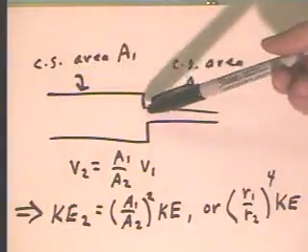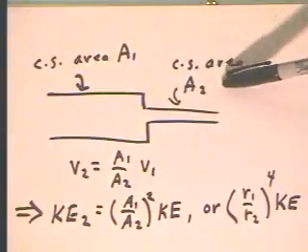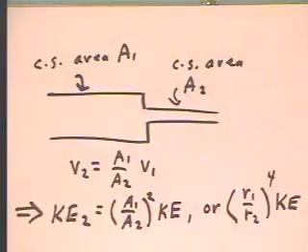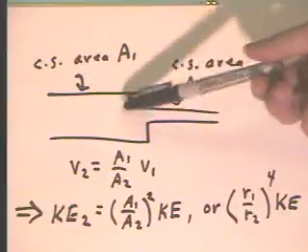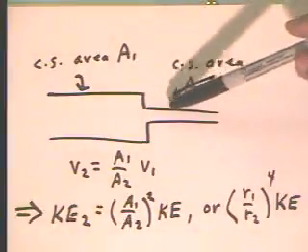If you have a wire with one cross-sectional area A1 here and a cross-sectional area A2 here, then we want to look at what the kinetic energy difference is between here and here.